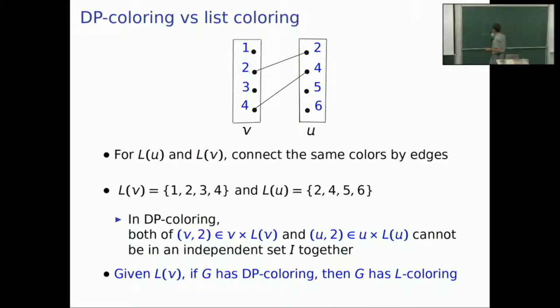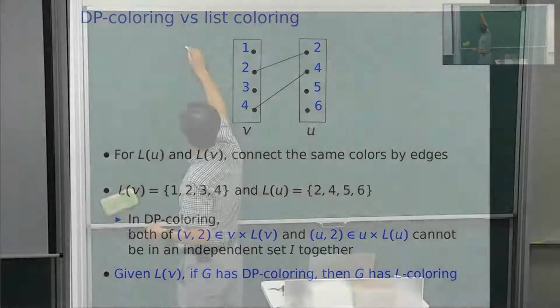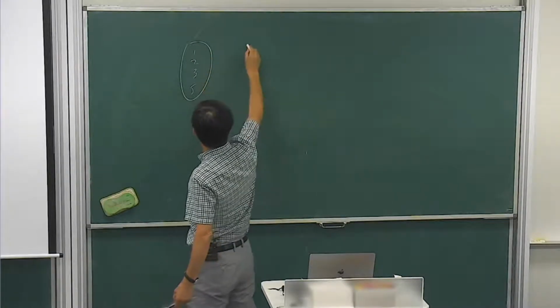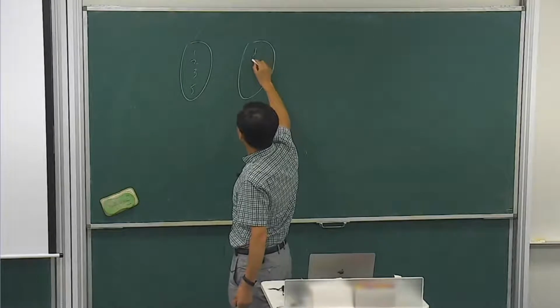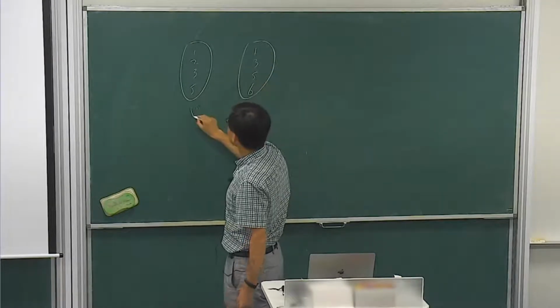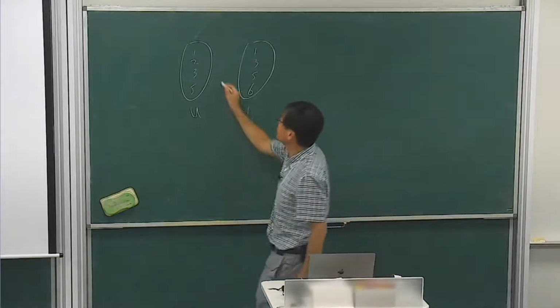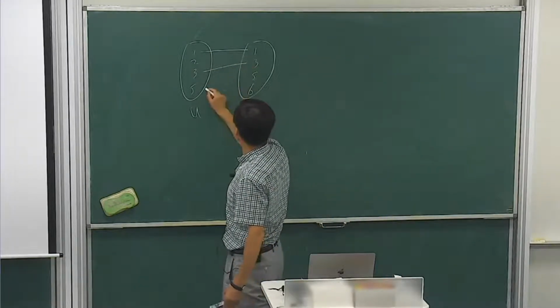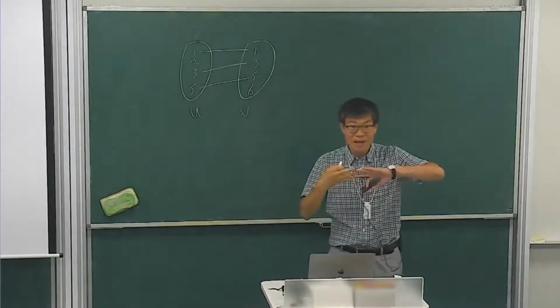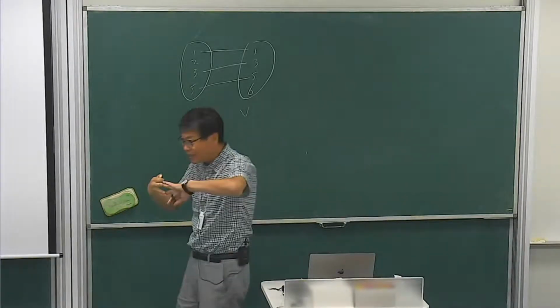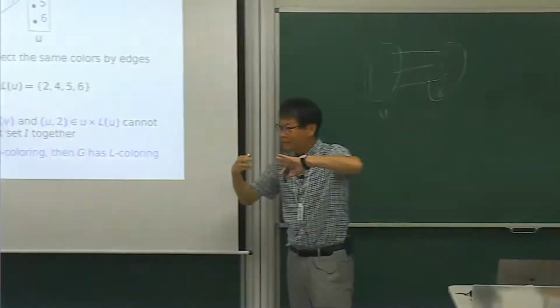And okay, let me give you one more example. If the list is like this, then we just connect the same number like this, right? So if we define the matching this way, then this kind of case implies list coloring.